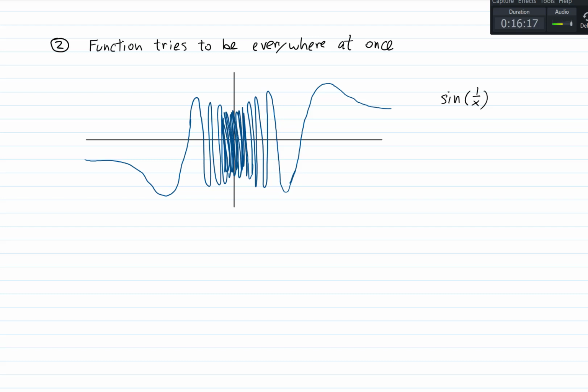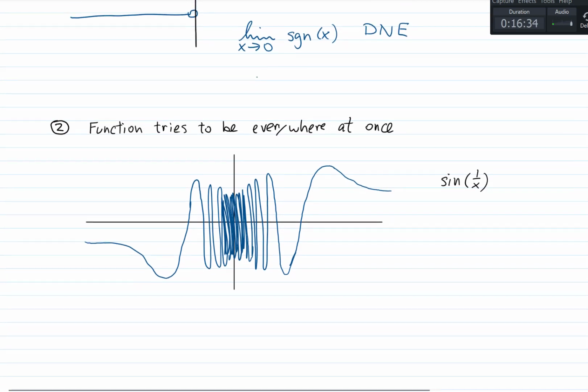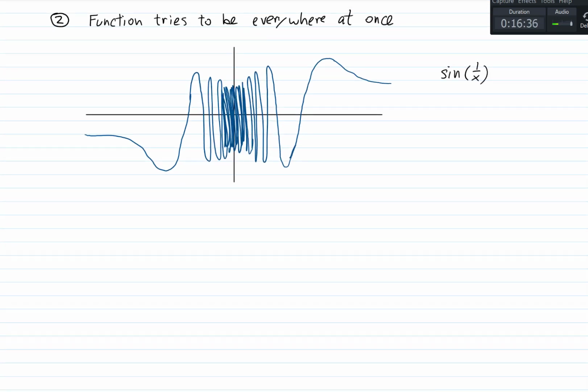I always tell students, as x approaches 0, this function is trying to approach all of the numbers between -1 and 1. So I would say the limit of the sine of 1 over x as x approaches 0 does not exist.